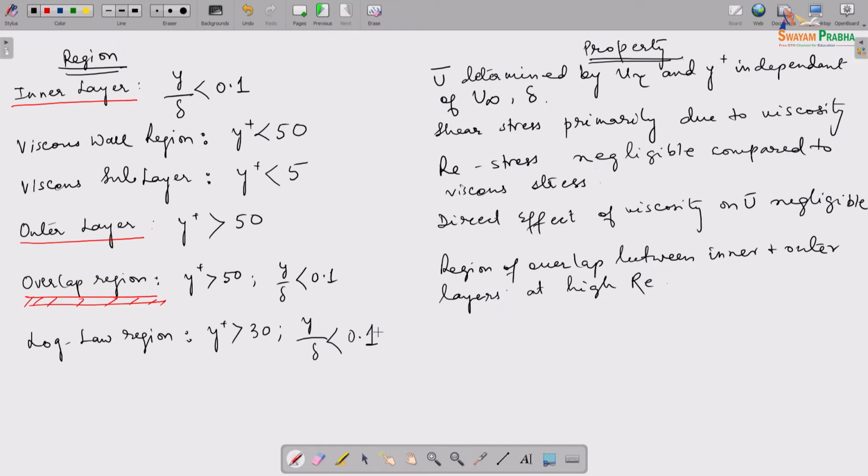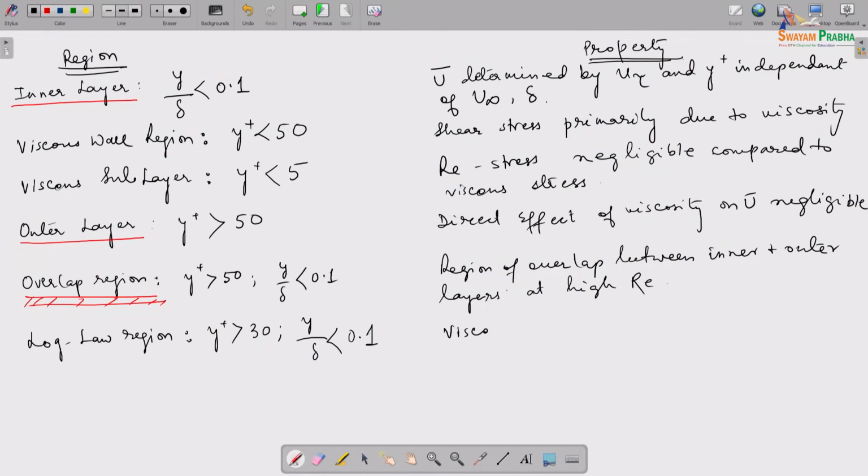Okay, so this is the log law region, and we worked it out that the log law will hold here. Here again viscosity effects are negligible.